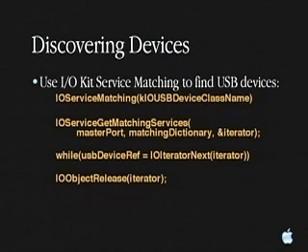Then it calls IO service get matching services, and it passes in this matching dictionary, and IOKit returns an iterator of all the devices that it found that matched that criteria. Finally, the user code can create a while loop that looks through all the devices of this iterator and decide which ones it is interested in controlling, if any.